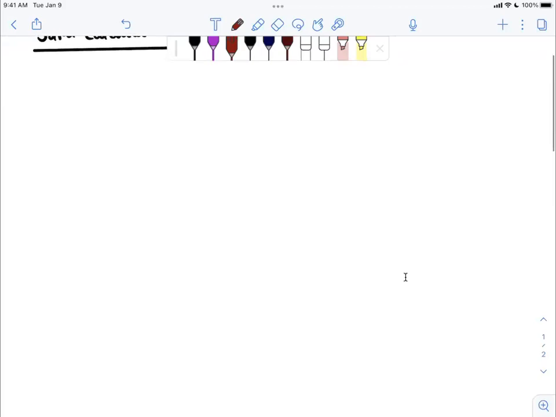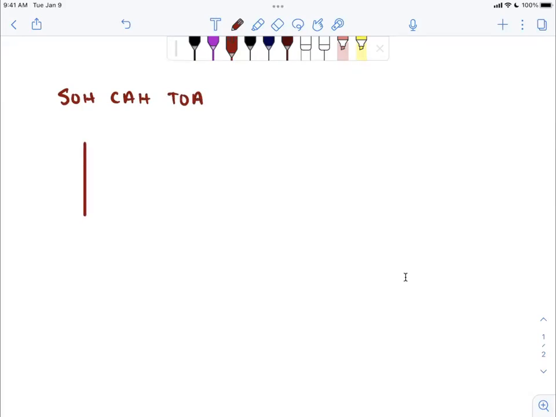The first thing we want to remember is the way that standard trigonometric functions are defined. One good way to remember this is SOHCAHTOA. This means if you have an angle inside a right triangle, so this is a right angle and this angle is theta, then the first is that sine is the opposite over the hypotenuse.